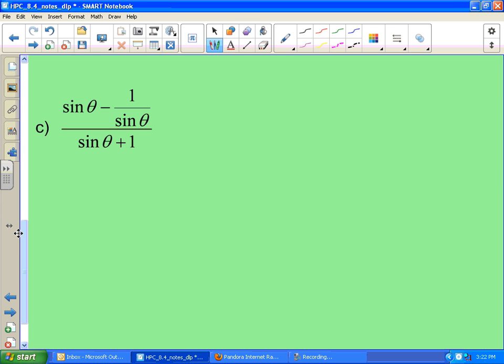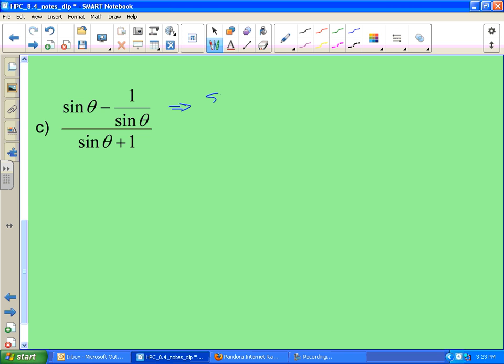So now we end up again with a situation that looks like a complex fraction. Again, we don't see any squared terms, just a bunch of sines and some ones and negative ones. So in this case, in the numerator, we're going to create a common denominator up there and see if we can write this thing as a brand new single fraction.